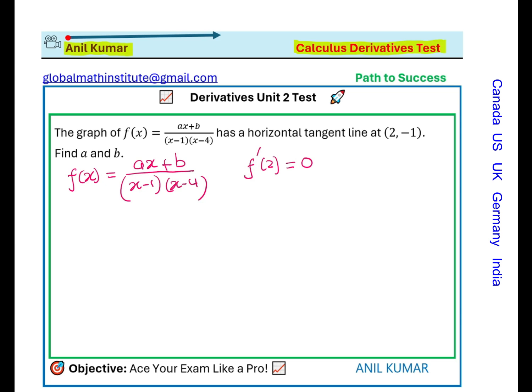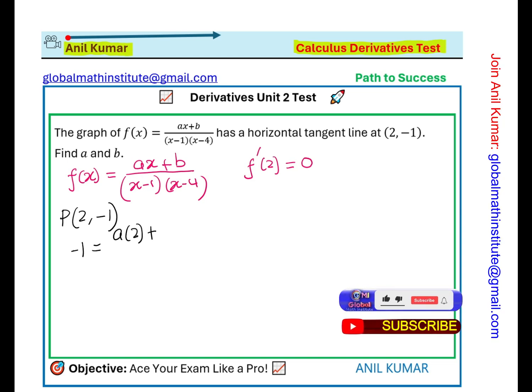Now let's get our equations using the point P, whose coordinates are (2, minus 1). So f of x is minus 1 when x is equal to 2. We put 2 for x, and that gives us 2 minus 1 times 2 minus 4 in the denominator.